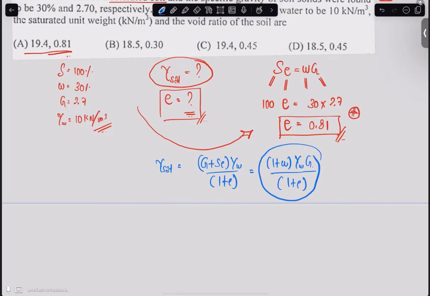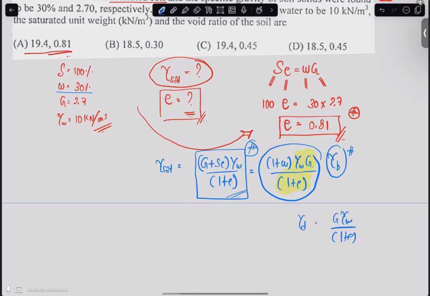Basically this formula is the formula for bulk density, and since we have a saturation condition, this water content is going to give us the same result as the standard saturated unit weight formula. And what is this portion here? This portion is the dry unit weight, gamma d. So the more you can remember from one formula, the better it is.